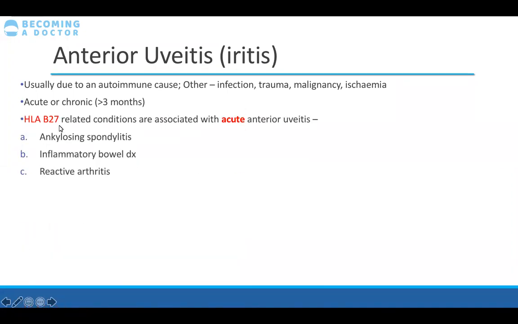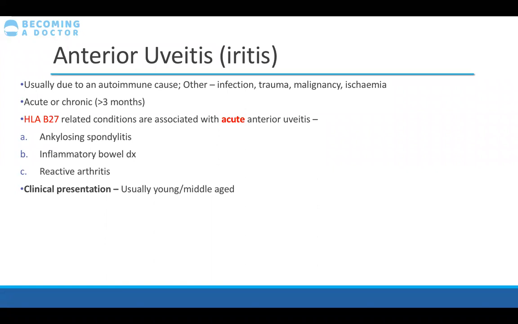So HLA-B27 conditions are associated with acute anterior uveitis. So as mentioned, ankylosing spondylitis, but things like IBD, reactive arthritis can also be present. These are not the only conditions that increase your risk, so it might be worth having a little bit of a read of risk factors for anterior uveitis.